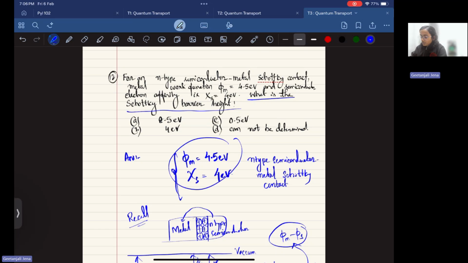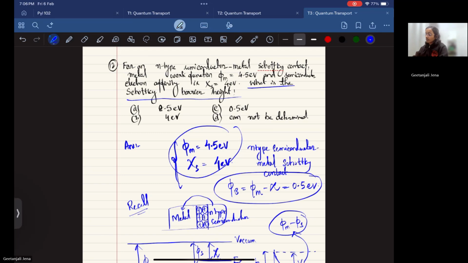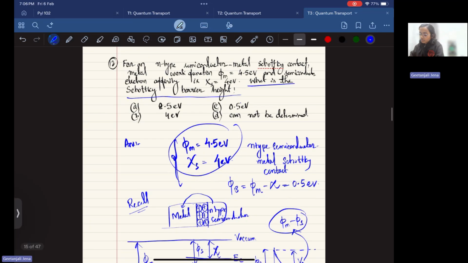The work function of the metal is 4.5 and chi s is 4. So the Schottky barrier height phi b will be phi m minus chi, which is 0.5 electron volt. So the answer will be option C.